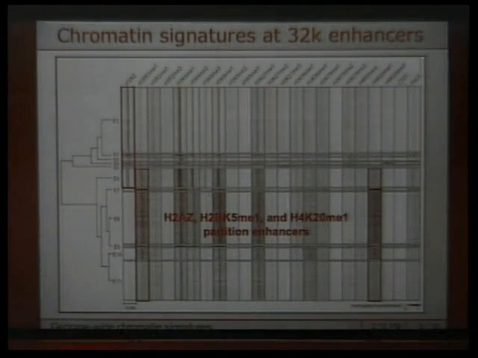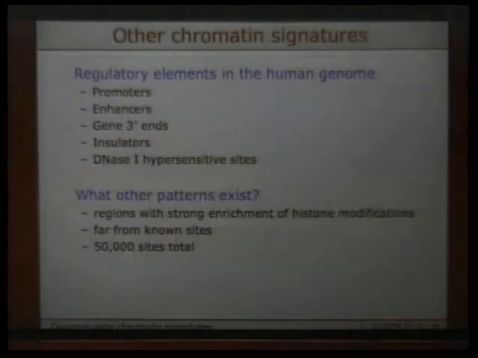And finally, we see that monomethylation of H2BK5 and H4K20 almost always occur together, and these almost never occur with H2AZ, indicating that these 3 chromatin marks may partition enhancers into 2 different categories.